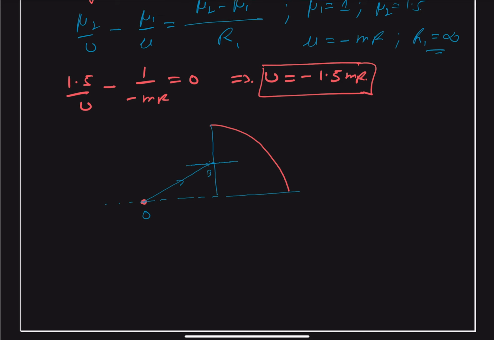So this image will be virtual and it will be forming on the same side. So this will be my image, let us suppose we are calling it I1. And if we further extend it, the ray will be going something like this.